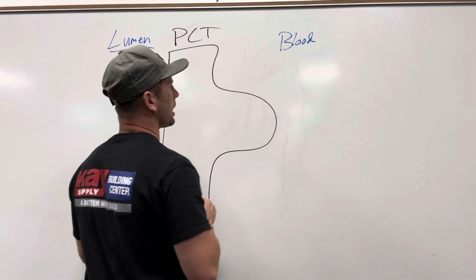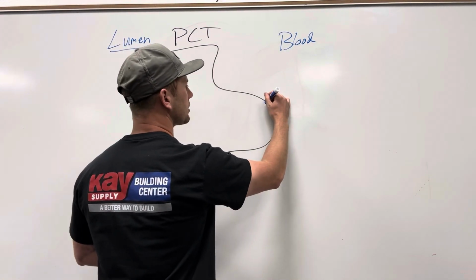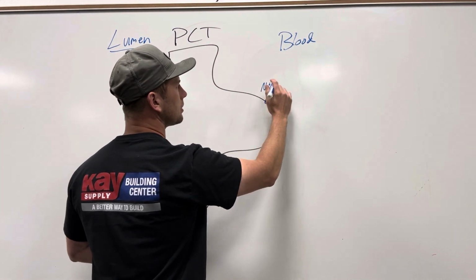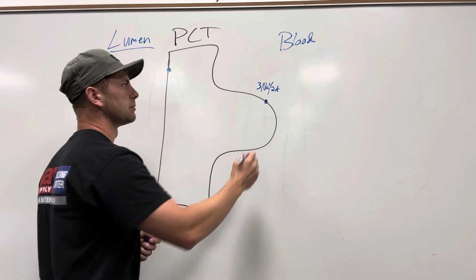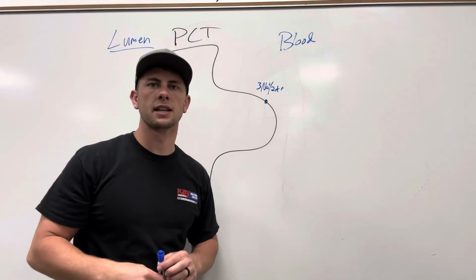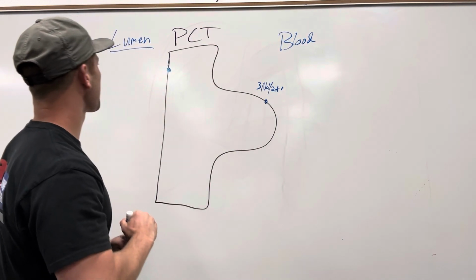Pretty important. All cells have a sodium-potassium pump, right? 3 sodium to 2 potassium pump. It's the most important pump in the cells. Just helps keep gradients and keep things moving properly.